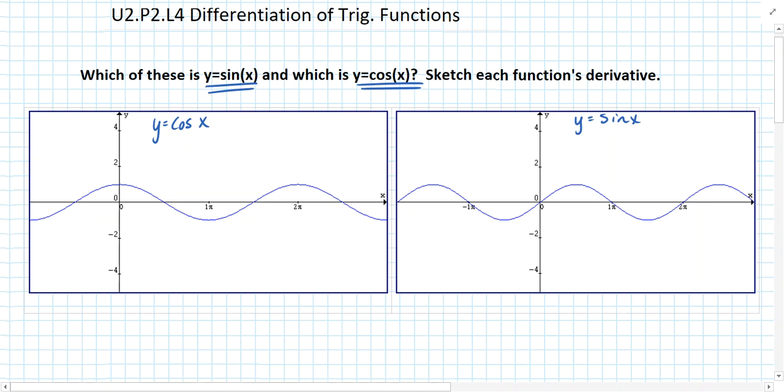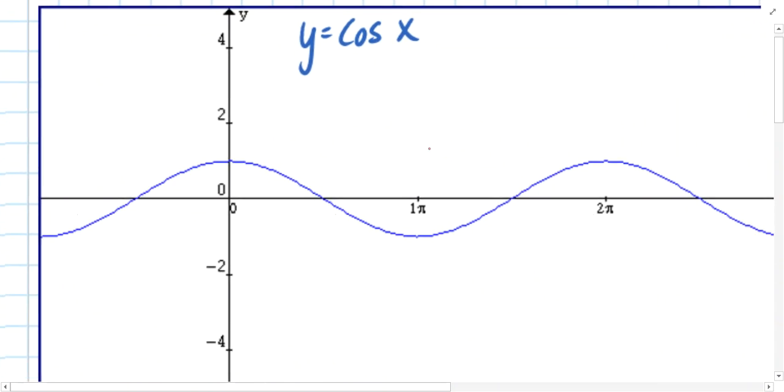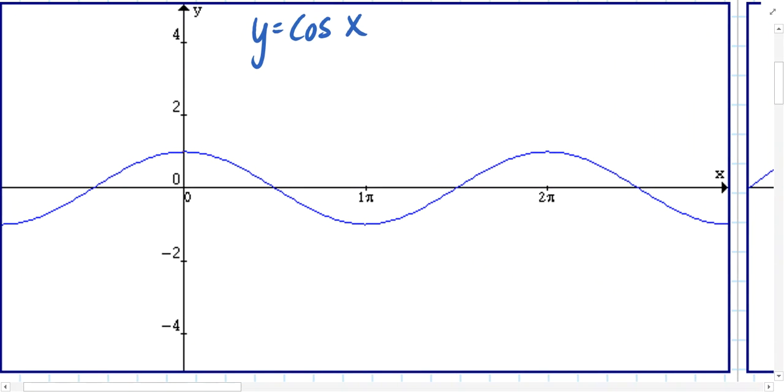So let's focus on this cosine function, and we'll just plot the derivative right on the same set of axes. If you recall, one of the tricks that I like to use when sketching derivatives is I try to look for these points here. At each of these positions, the derivative is equal to 0 because the slope of the tangent lines at these points are equal to 0.